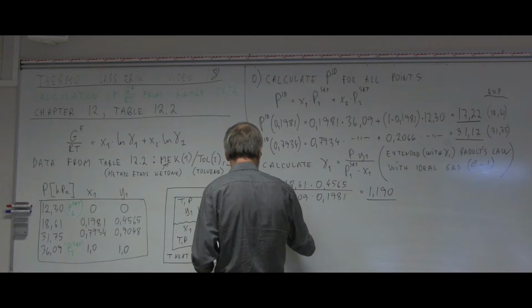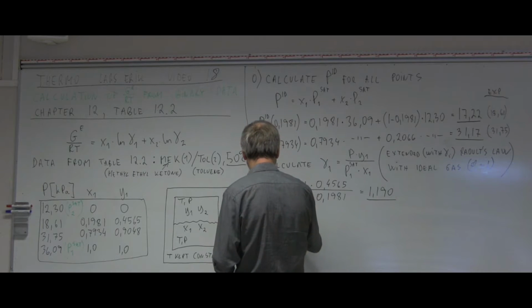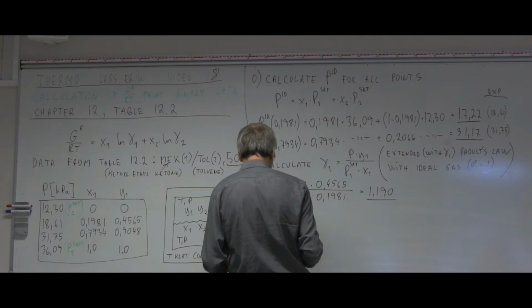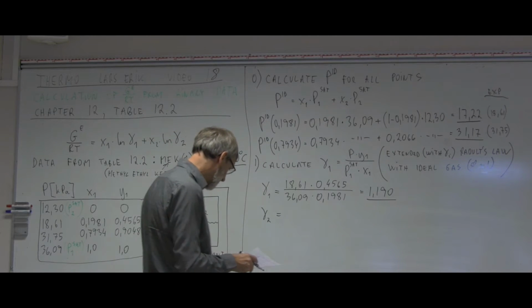And gamma 2, or the activity coefficient of component 2, is calculated the same way.